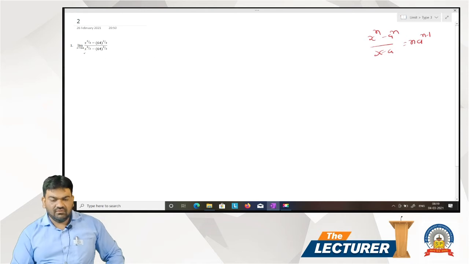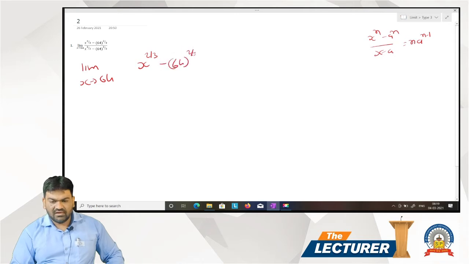Limit x tends to 64, x raised to 2 by 3 minus 64 raised to 2 by 3 upon x raised to 3 by 2 minus 64 raised to 3 by 2.